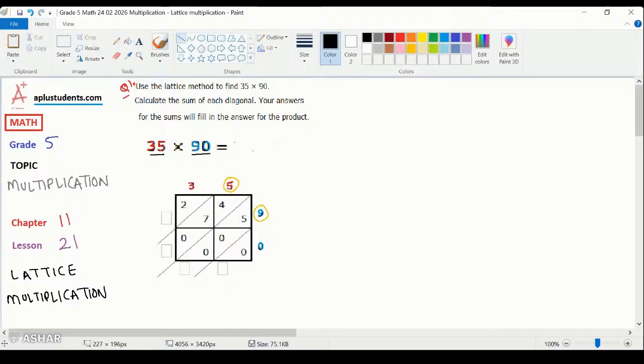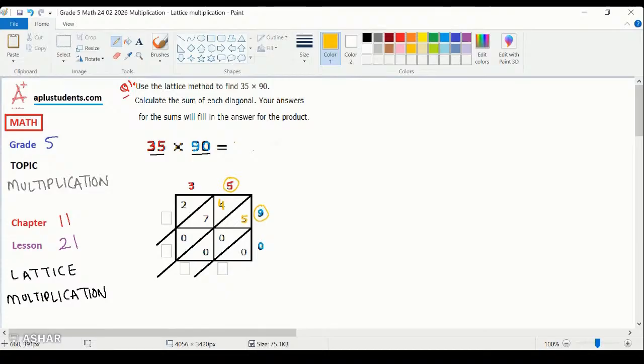And we make diagonals of each box, such that the first two numbers were 5 and 9. 5 and 9 means 45. We write the units and we write the tens. Agreed? 45.